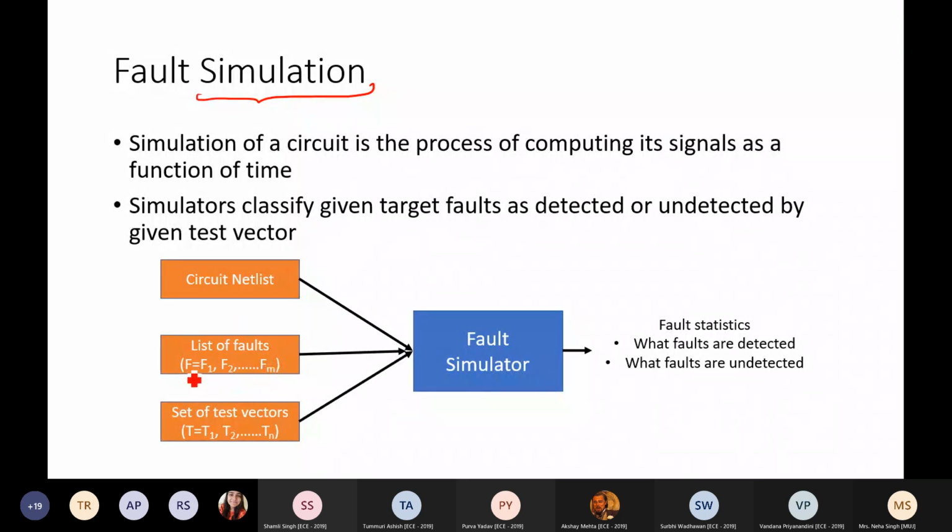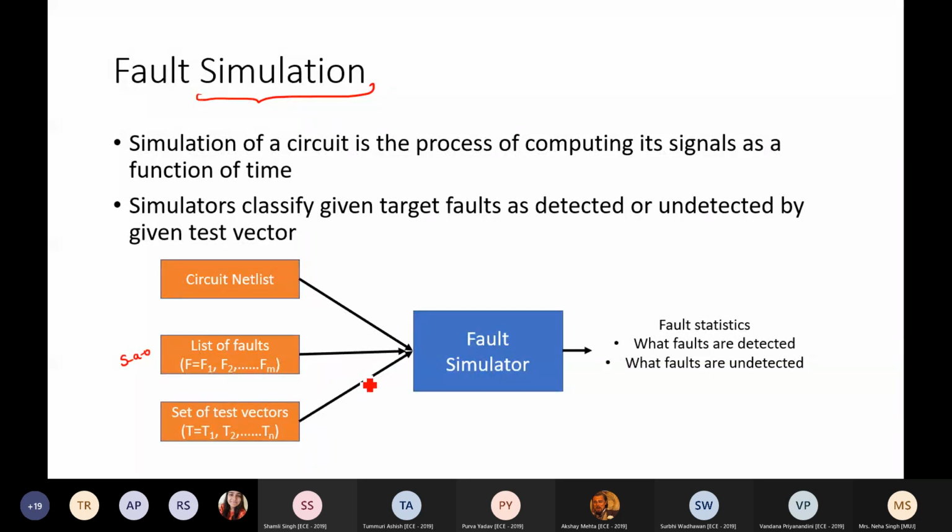Okay? M faults means F1 is some fault, F2 is another fault. To be on the safer side, we consider them as stuck at zero faults, but there may be some bridging faults as well. So there are m faults, and there are a total of n test patterns which can be given to your circuit.